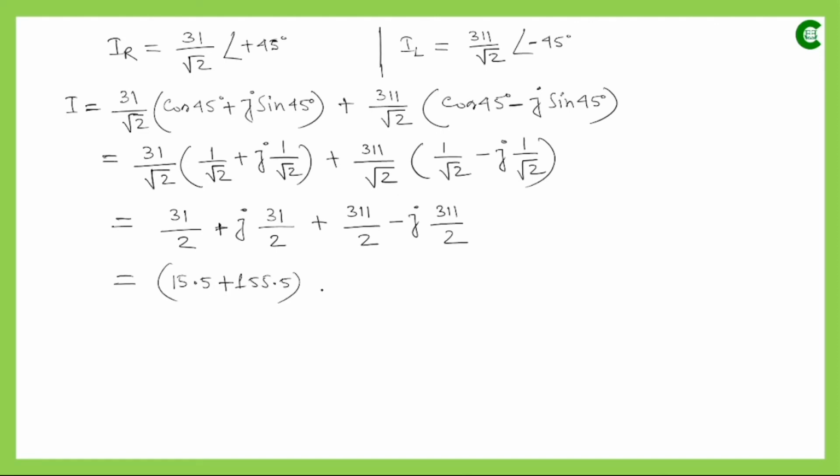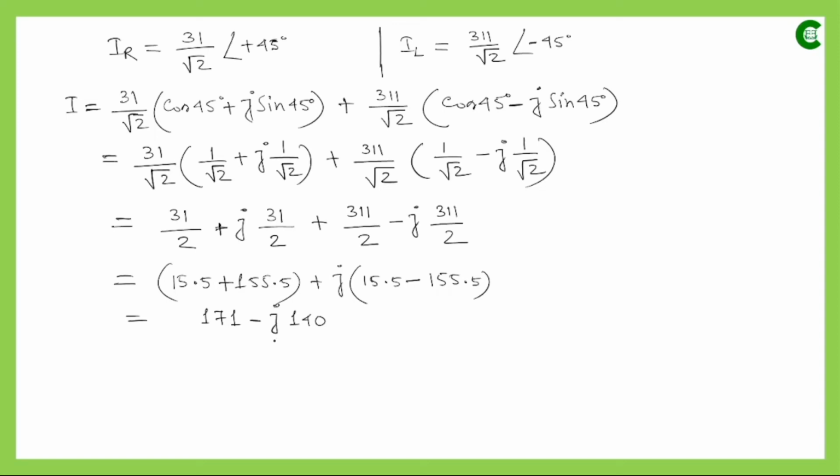I am adding the real terms separately and imaginary terms separately. So it will be 171 for the real part, and for the j part, 15.5 minus 155.5, which is negative, so minus j 140. Now the RMS value of the total current is expressed in rectangular form.